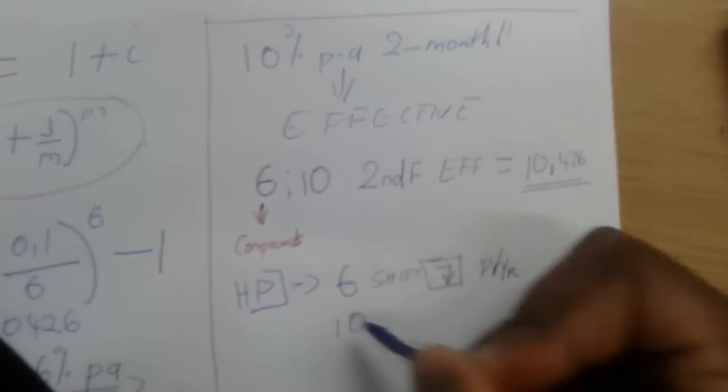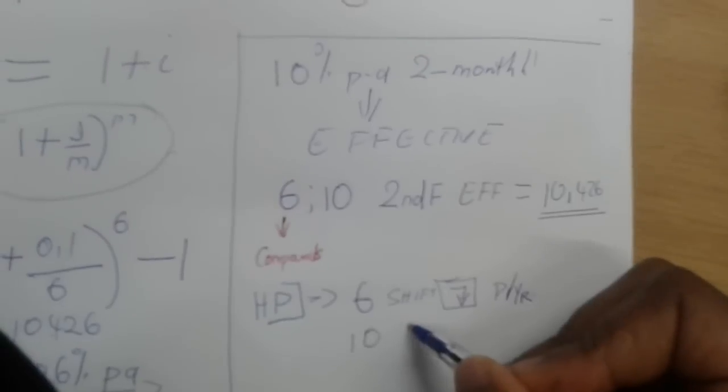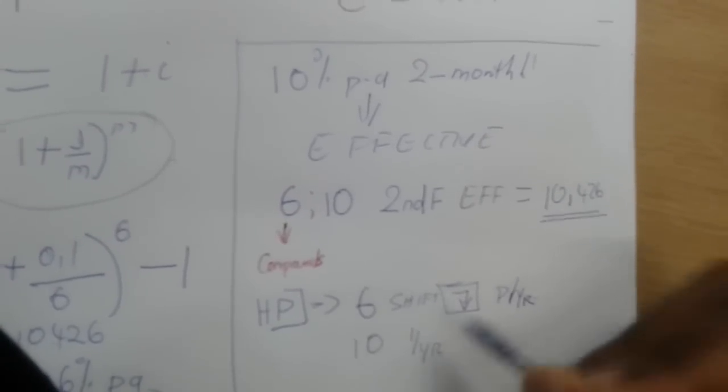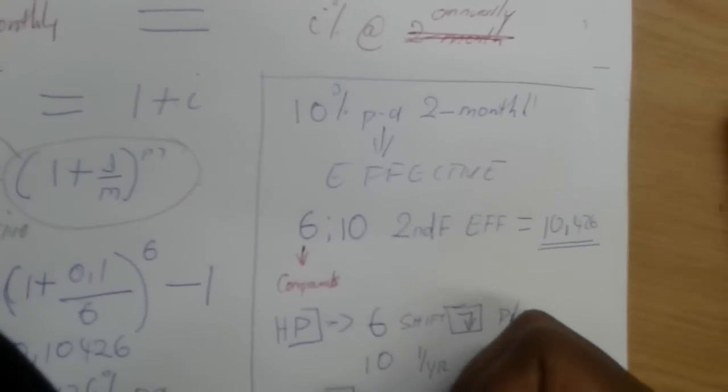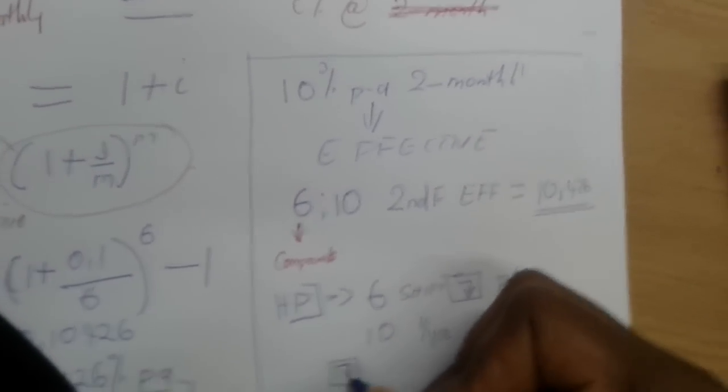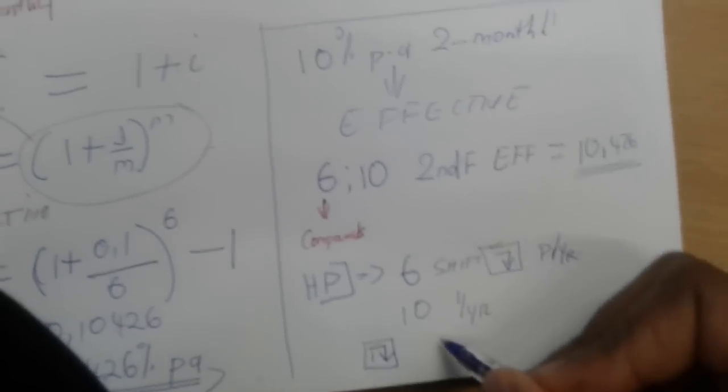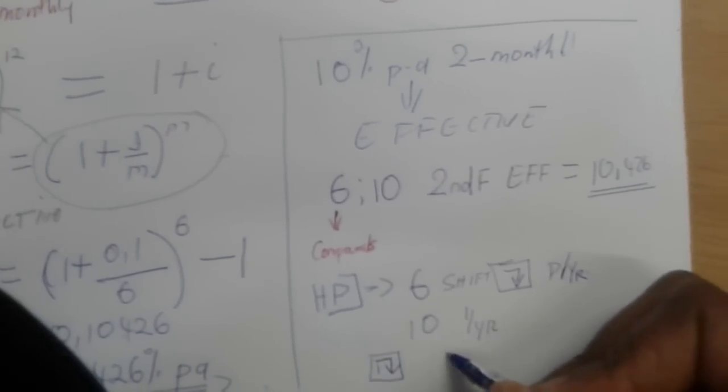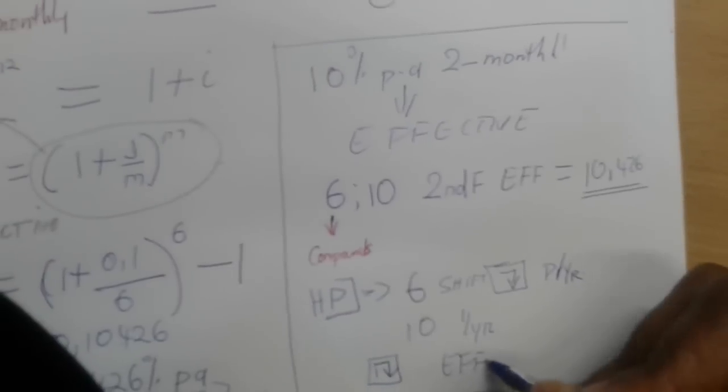Then you say 10, and that's your I. Then finally you say shift, the down arrow, shift EFF, which is your PV button, and you get the same answer. So that's how you get an effective rate using a calculator.